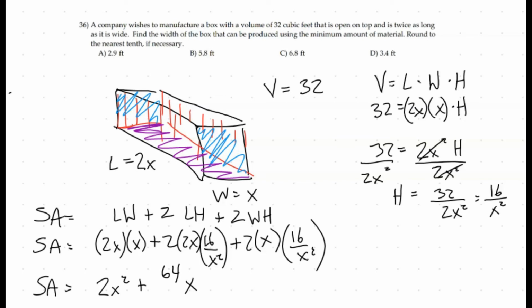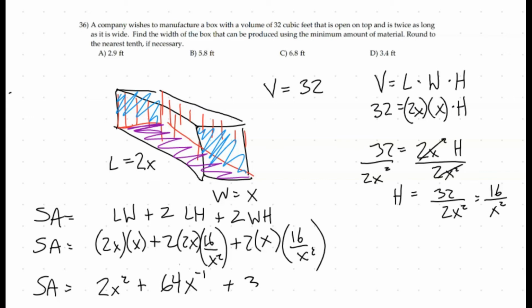Actually, I'm going to make it 64 times x to the negative 1. All right, because we could take, that's x to the first, and that's x to the second. We do 1 minus 2. That's going to give us x to the negative 1. And then we're going to have another over here.